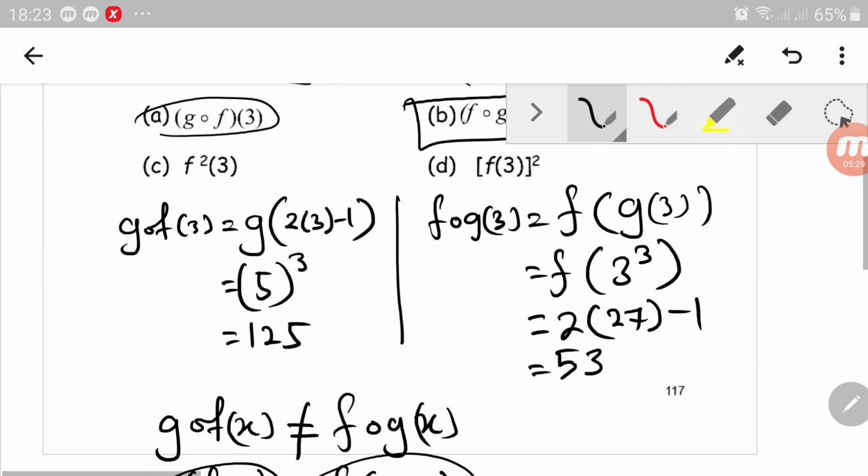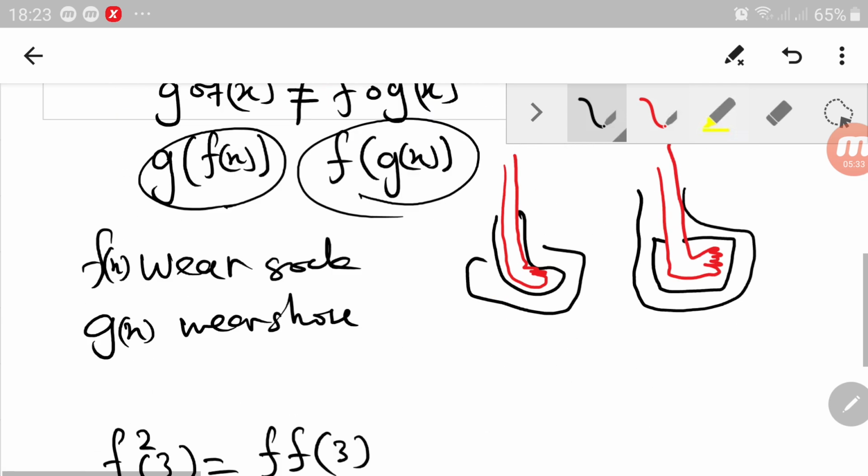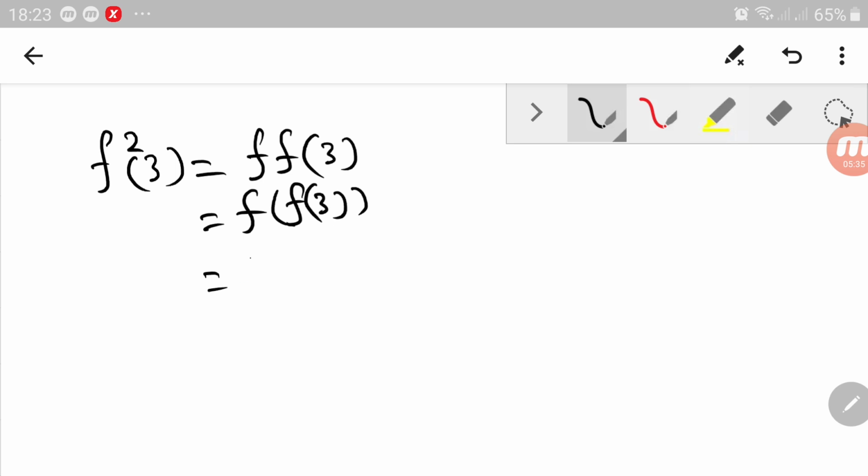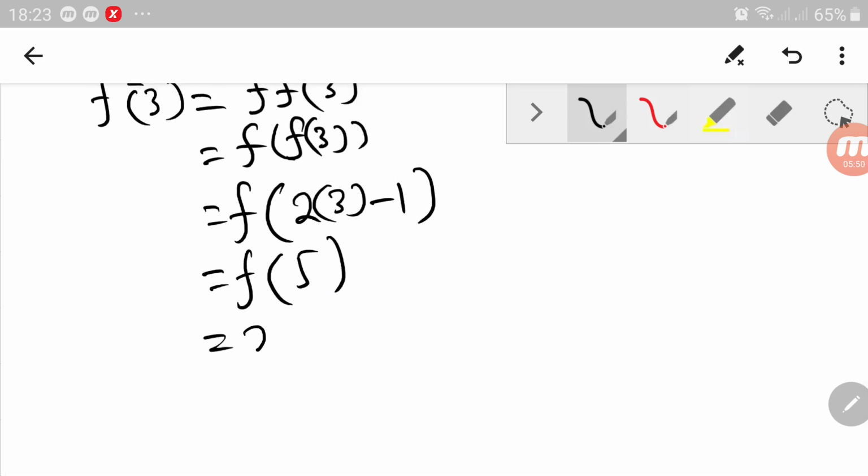It's like an onion, layer in layer. f is 2x minus 1. So for 3, we have 2 times 3 minus 1, which is 5, and then we apply the same thing: 2 times 5 minus 1. So we have 9.